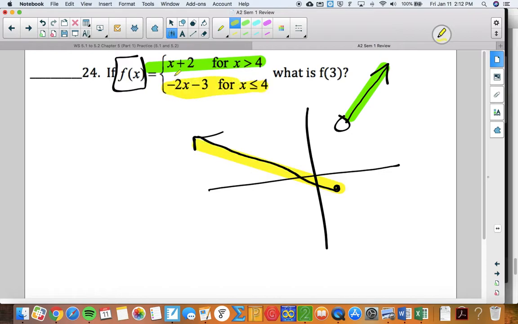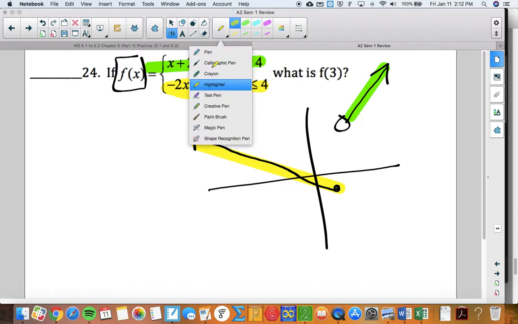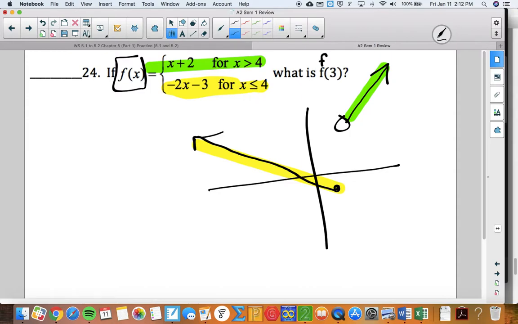So they want to know what's the value of the function when x is 3. Remember, we write this f of x, so what they replace, they replace x with 3, so x equals 3 is what this is telling you. Well, which function do we use when x is 3? Well, 3 is less than or equal to 4, so we use this function.